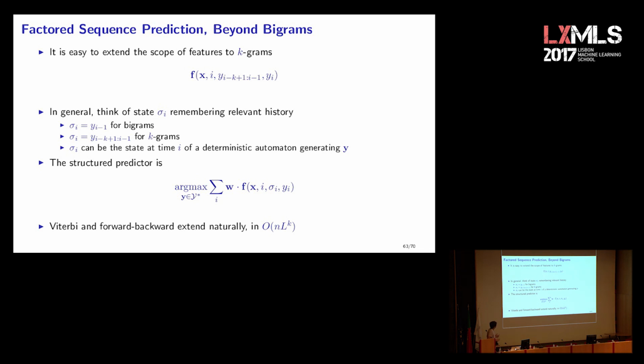I mean, we can extend, let's say we take every chunk of K labels, and then our feature functions are more expressive because they take this chunk, and then we have to extend this.